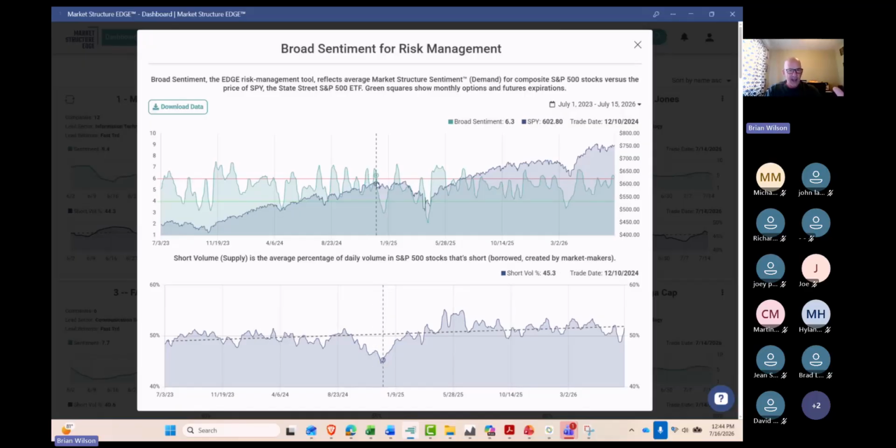But what we saw afterwards, when short volume started to move higher from that point going forward, there really were not any further gains in the market. SPY was at 604 in the middle of December, and we fast forward to the middle of February, and SPY was at 611.